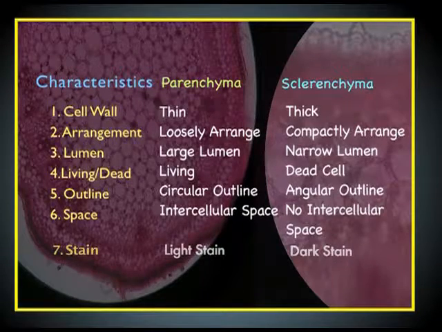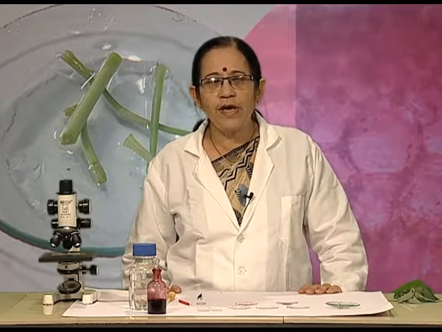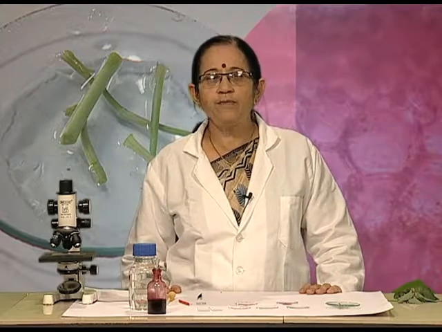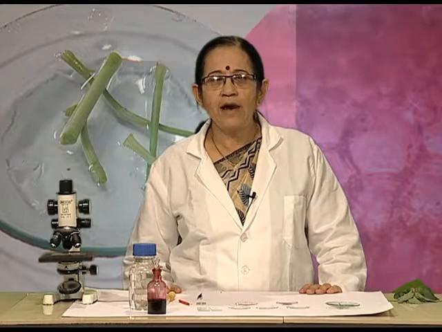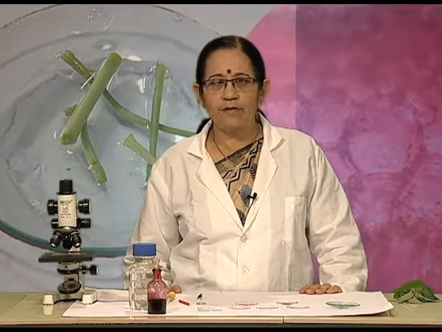So, you can prepare a table comparing the characteristics of these two types of tissues based on your observations, that is the parenchymatous tissue and the sclerenchymatous tissue. So, in short we can say that we can differentiate between parenchyma and sclerenchyma on the basis of certain characteristics.